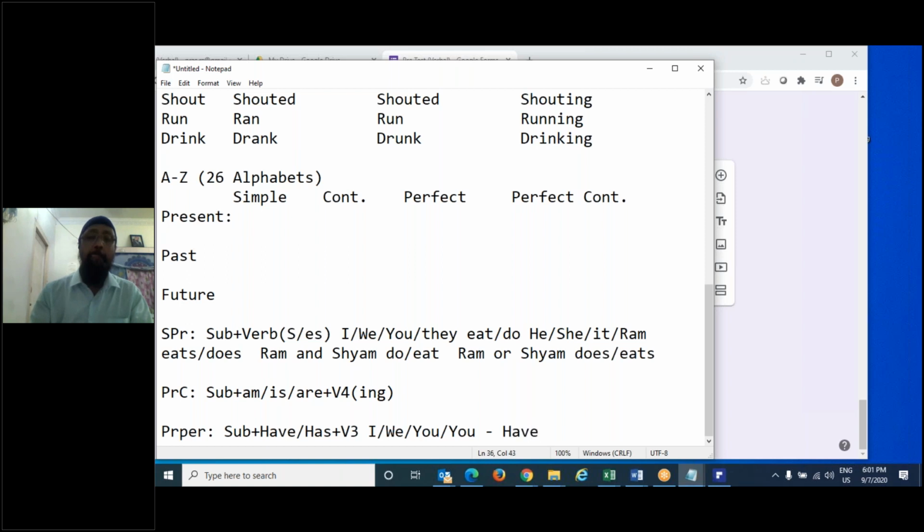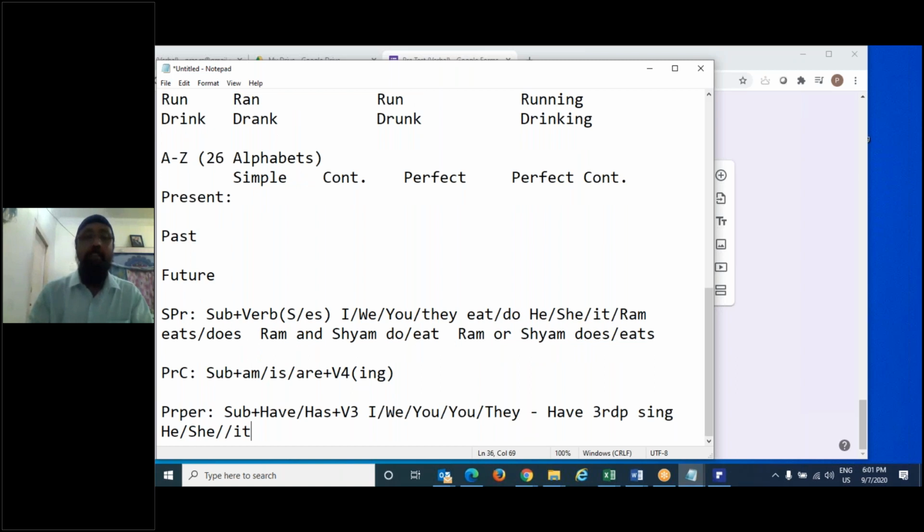I have, we have, you have, and at the same time, third person plural, that is they have. However, when the subject is third person singular, remember, not just singular, third person singular, which is referring to he, she, it, or a singular noun like Ram, it always accepts has.